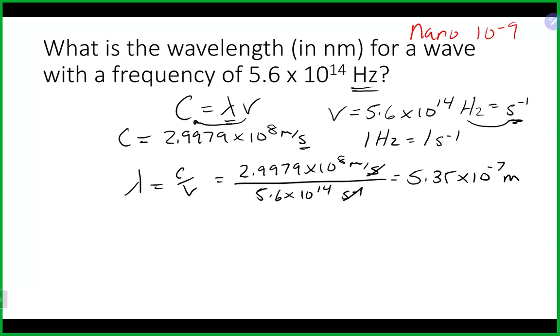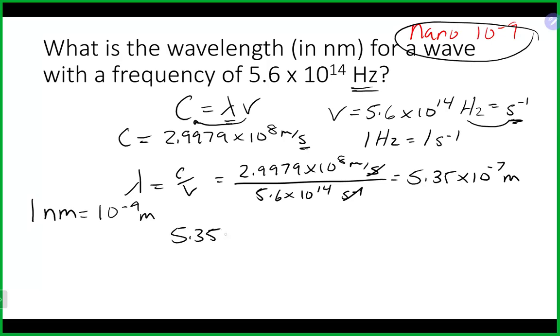We are looking for nanometers. So remember our nano conversion, 10 to the minus 9. That means in one of the prefix units, there is 10 to the minus 9 meters, so make sure you use that in the correct fashion. Also, make sure you're using your exponent button when you punch these into your calculator. We'll take our 5.35 times 10 to the minus 7 meters, doing our conversion, 10 to the minus 9 meters, 1 nanometer.